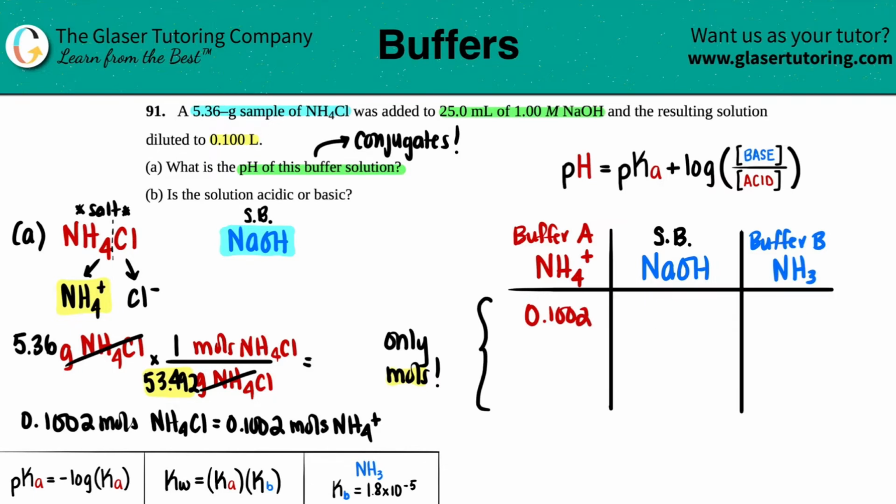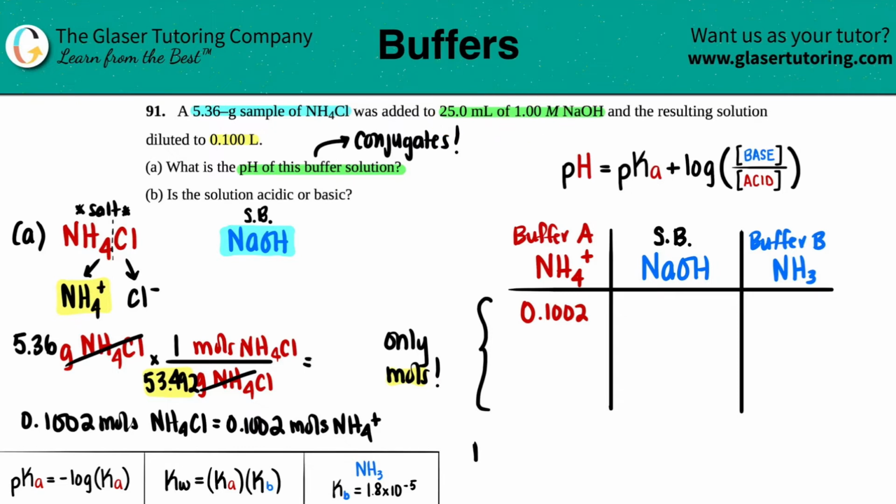1 out of 3 completed. Let me just make this a little bit better. Now, let's work on finding the beginning moles of the NaOH. Well, that came from 25 mils of a 1 molarity NaOH. Now, in this case, I'm not going to do a gram to mole conversion because they gave me a volume and they gave me a molarity.